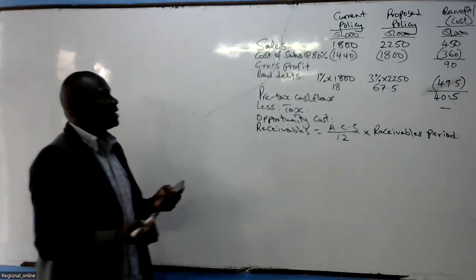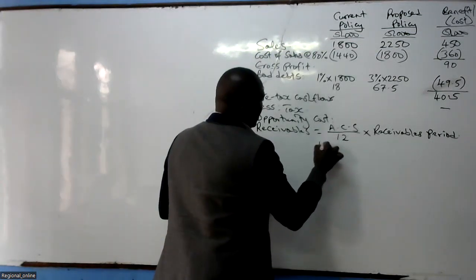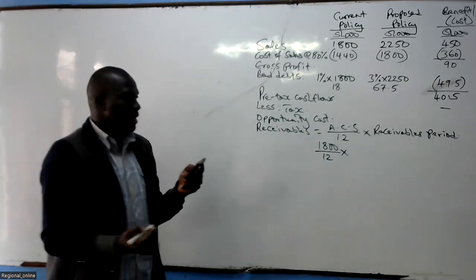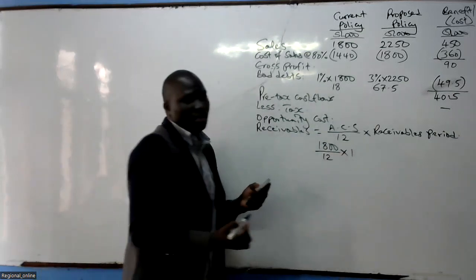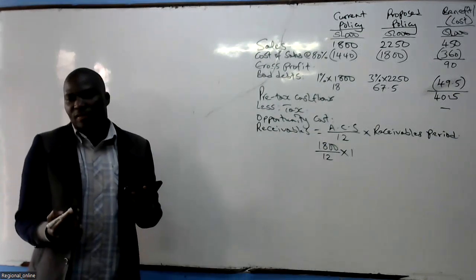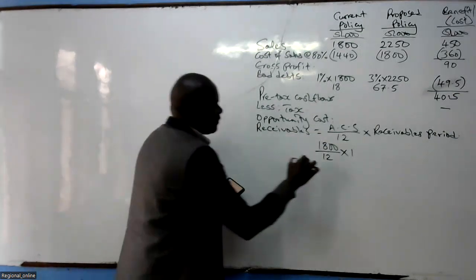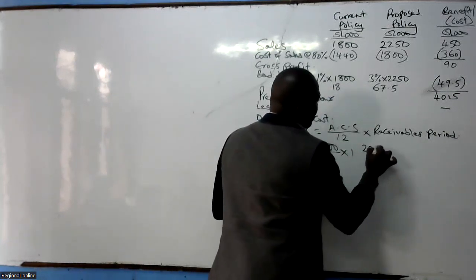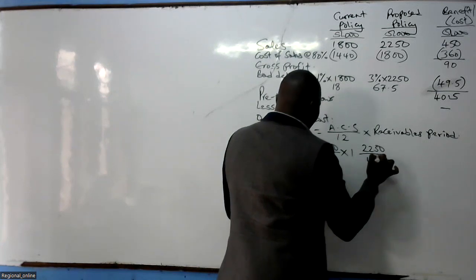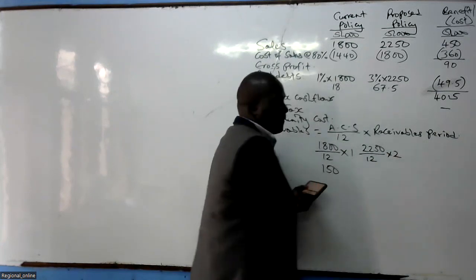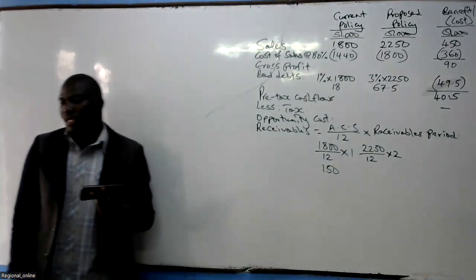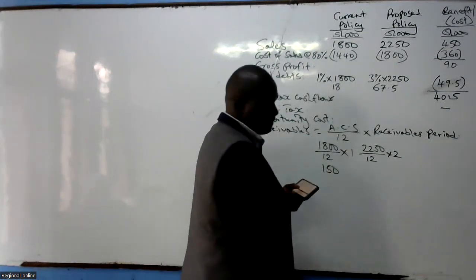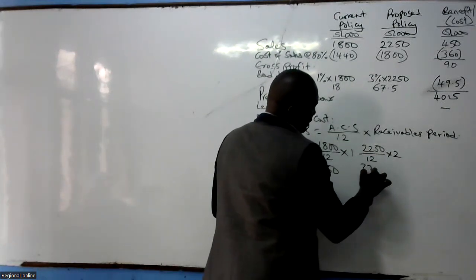So currently, sales of 1800 divided by 12. Currently, how long do our customers take to pay? 1 month, giving us 150. With the proposed policy, our credit sales of 2250, paid within how many months? 2 months. How much will be the debtors? 375.